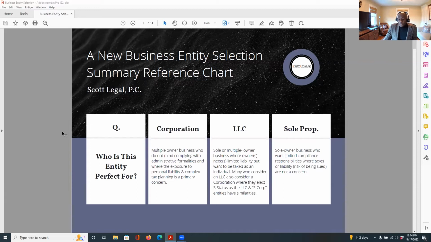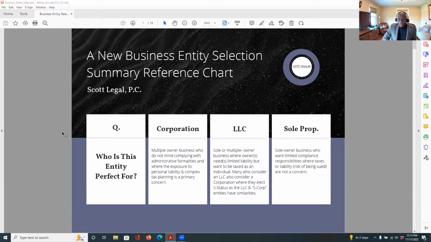So yeah, let us move then to, and we see in this slide, who is the entity perfect for. Corporation. Sometimes when we look at corporations, it can be multiple business owners. You can have one business owner as well.